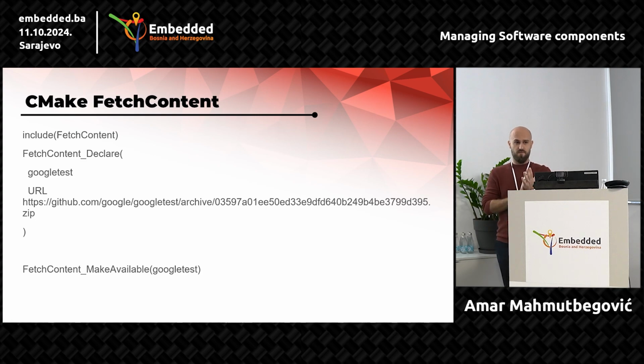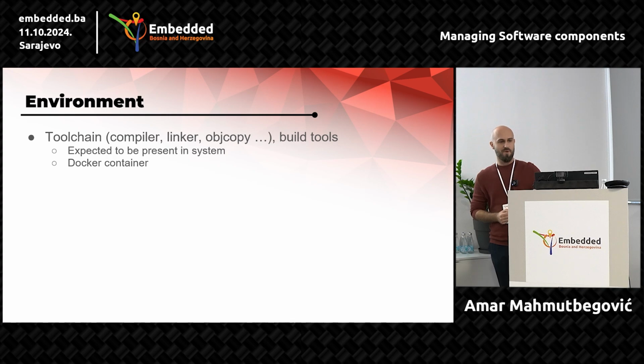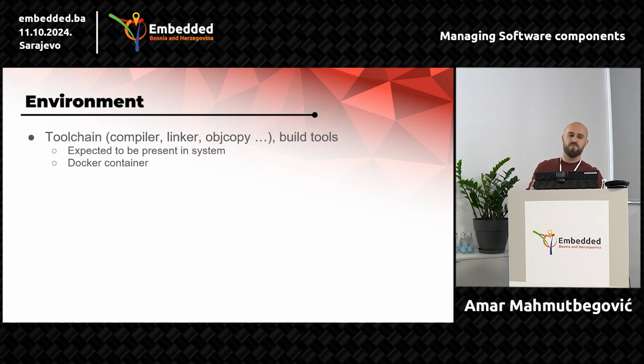CMake also offers FetchContent, which is a bit more flexible, as it allows us to specify the URL of, let's say, a zip archive or even a link to a Git repo, and then use it further in our build system. Okay? When it comes to the toolchain, we already said that we usually expect it to be present in the system, or we are using a Docker container to pack it and use it that way.